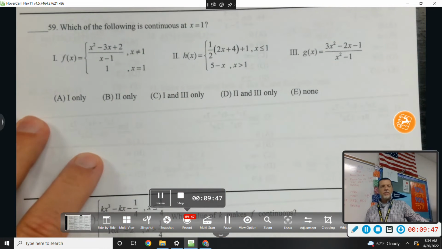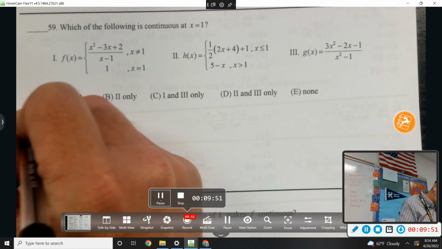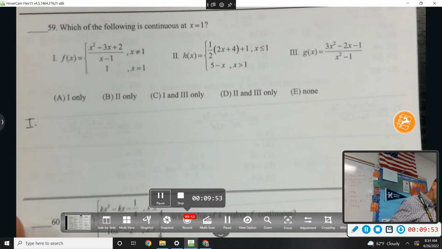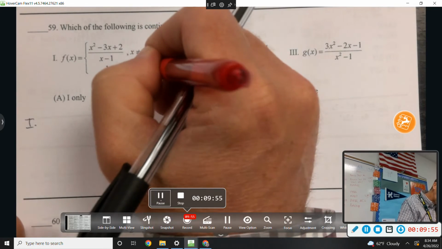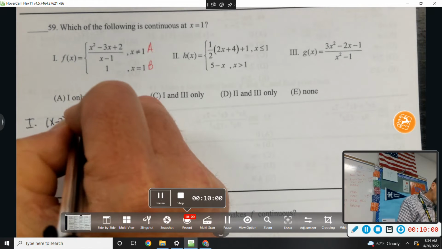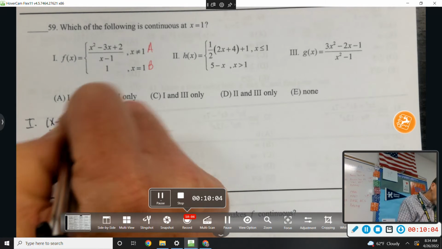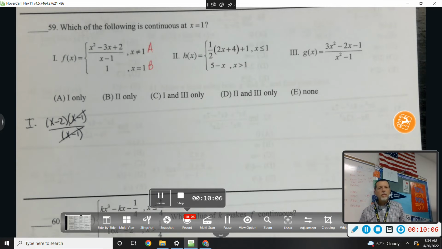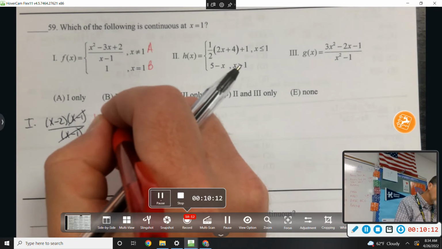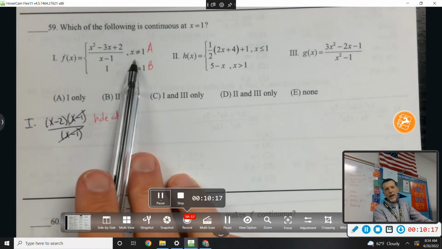So that's one of our tricks. So let's factor Roman numeral 1, or at least Roman numeral 1 part A: x minus 2, x minus 1 over x minus 1. The x minus 1's cancel. So if we plug in 1, well, hold on, that means there's a hole at x equals 1. That's why this says x can't be 1.